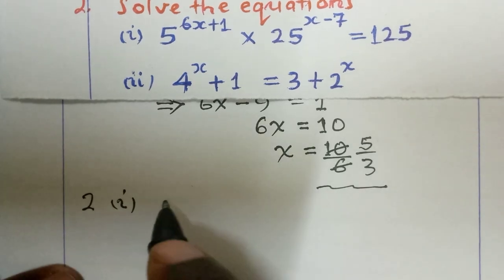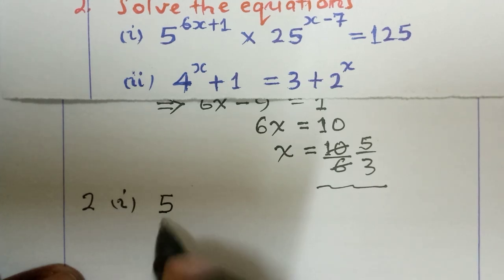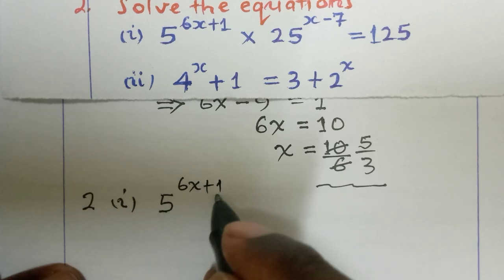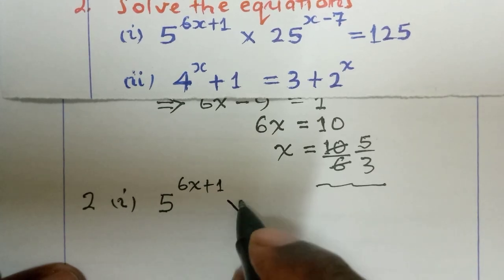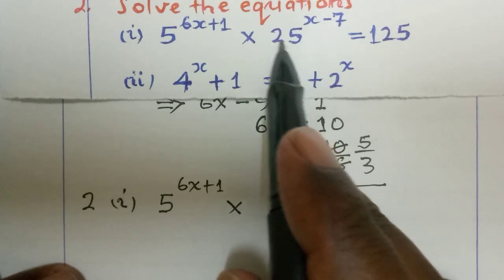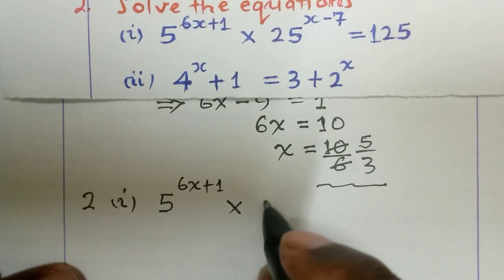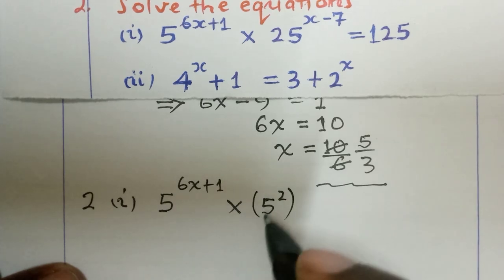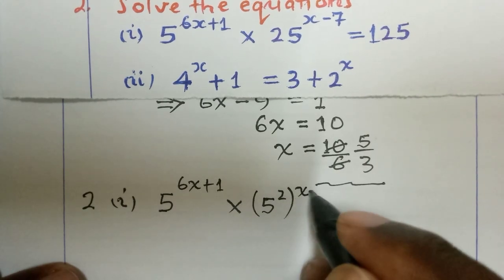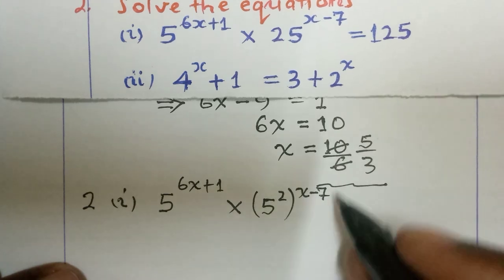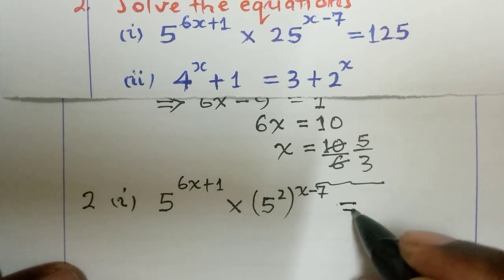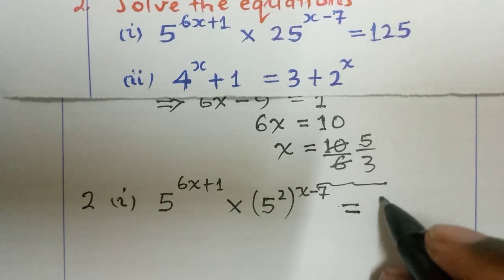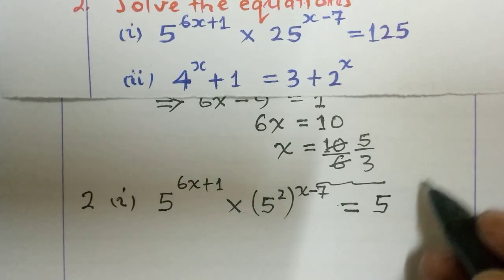So we say 5, that one remains like that, 6x plus 1, times, convert this one to 5. That is 5 squared. 25 is the same as 5 squared, like that. But then we have x minus 7 up there. This is equal to, for 125, you have 5 times 5 times 5, which is 5 raised to 3, like that.